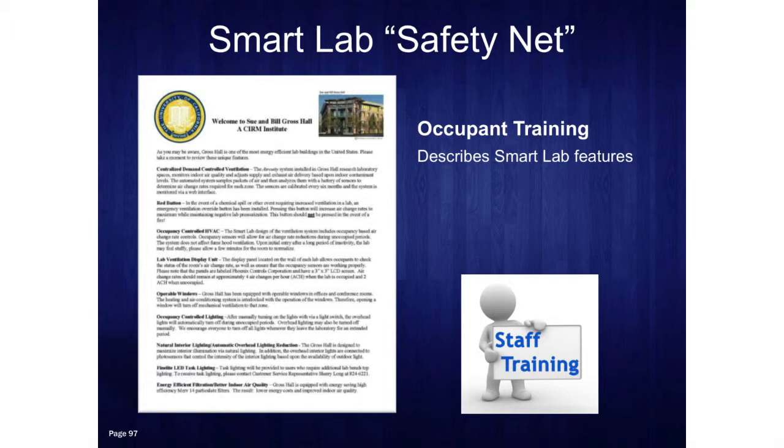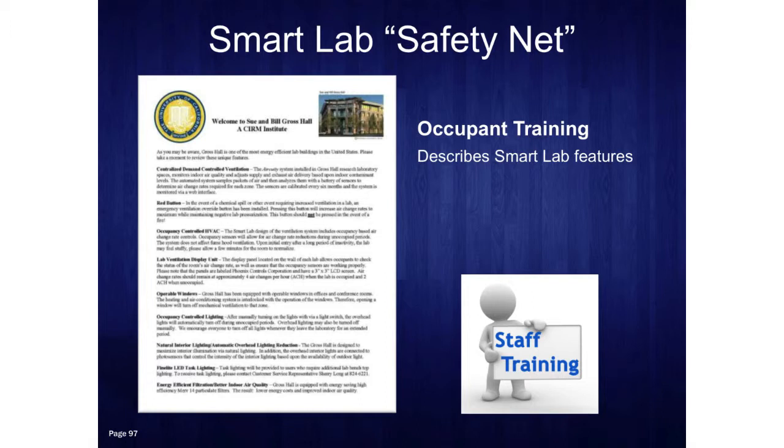Things like this FAQ handout that gives you information about the labs, which we have for each one of our smart labs, town hall meetings like Matt mentioned, and also a web-based CDCV building information system, which provides feedback to the lab occupants on everything from how open their fume hoods are, or how often their fume hoods are open, and at what level, what the air change rates are, what the contaminant levels are for the different sensors, and that sort of thing.